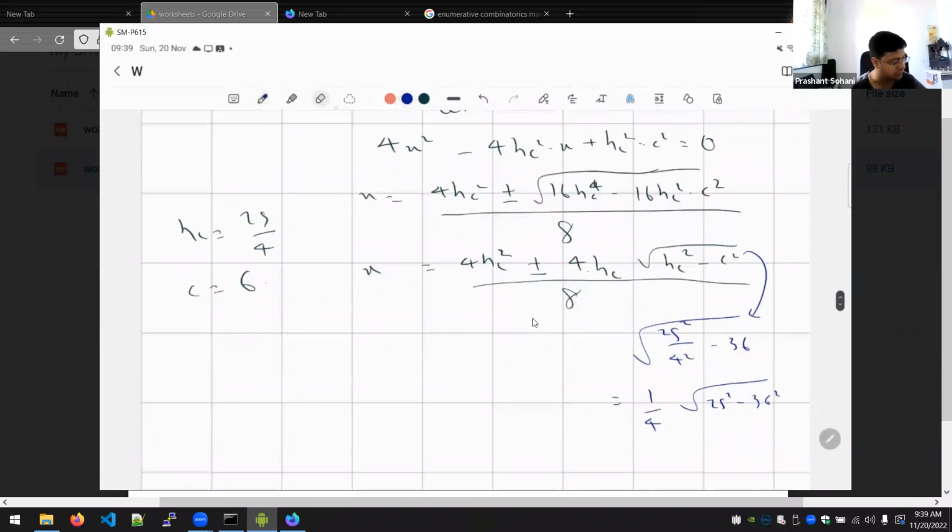Oh, sorry, no, it's 36 square, it's already square.